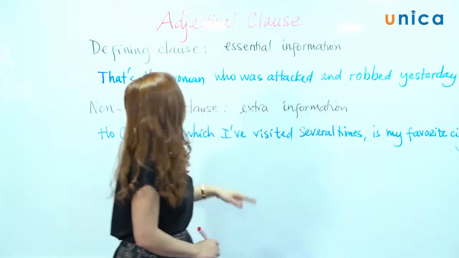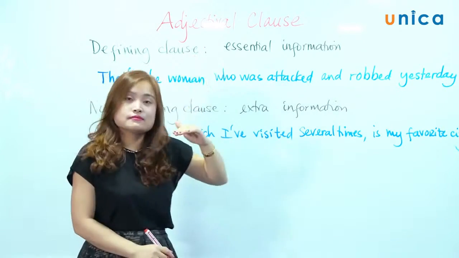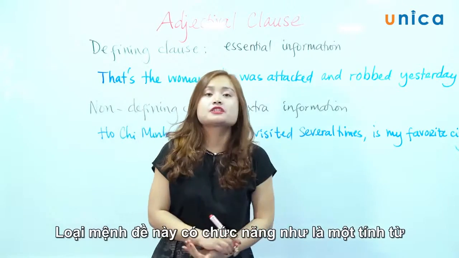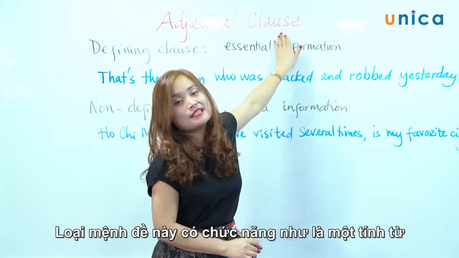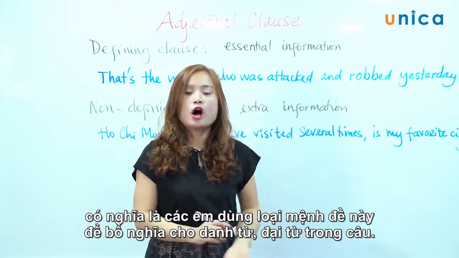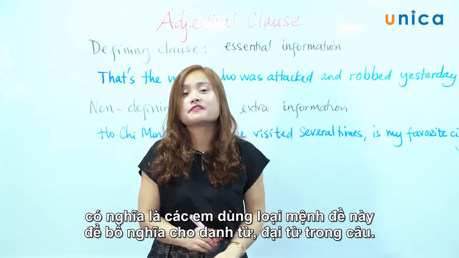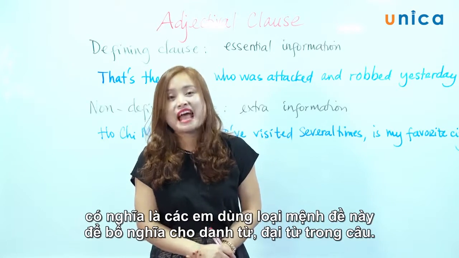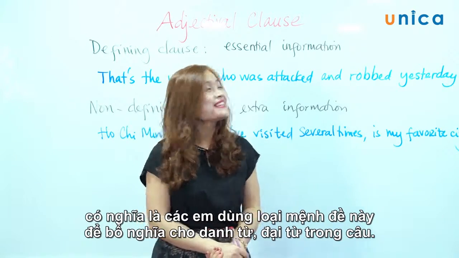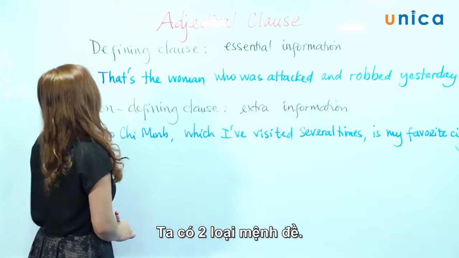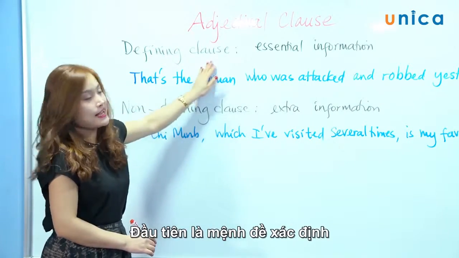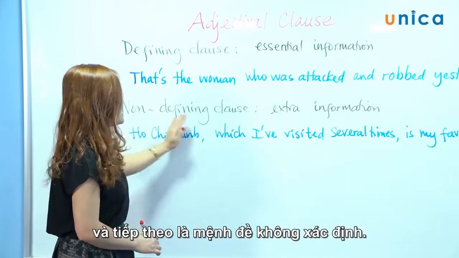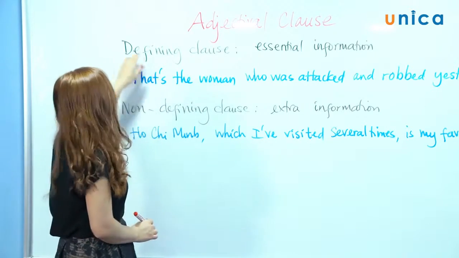And this type of clause functions as an adjective. That means you can use this clause to describe or to modify noun or pronoun in a sentence. Okay? And we have two kinds of clauses. The first one is defining clause, and the other one is non-defining clause.